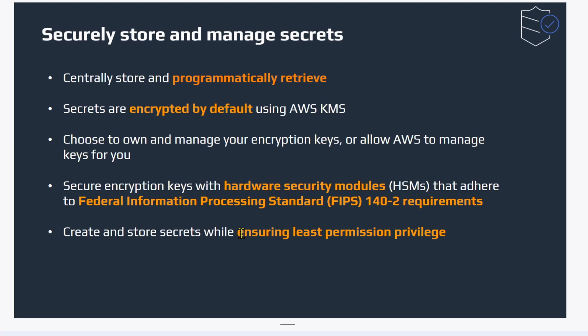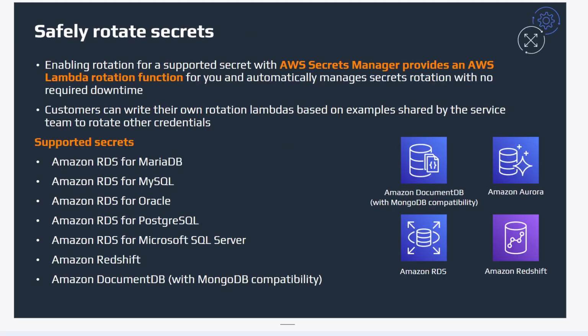Important point: ensuring least privilege permission. If you have control over the access control, who can access those secrets is also very important, right? So that you can also manage with Secrets Manager. If you want to safely rotate, I'll show you that in a separate session where I'll show you how you can rotate your secrets automatically.